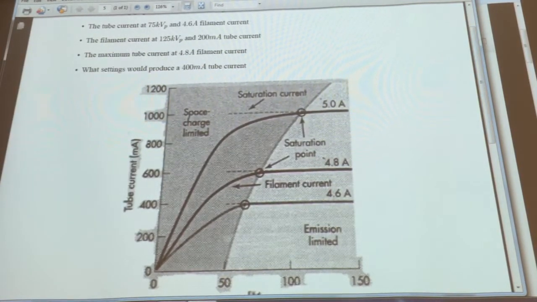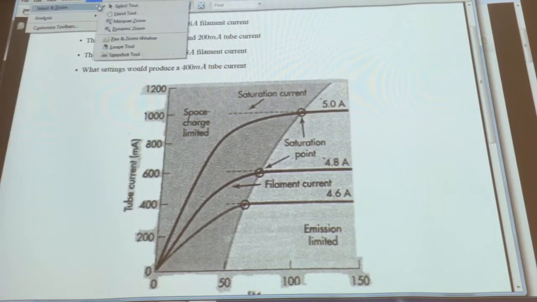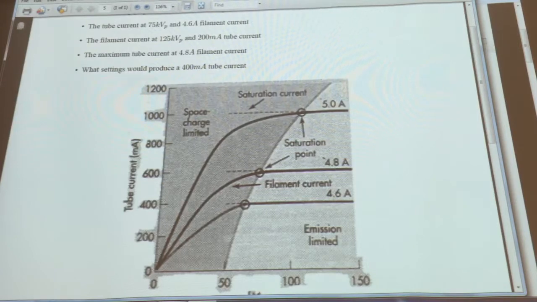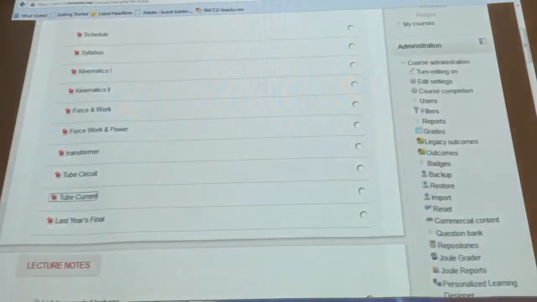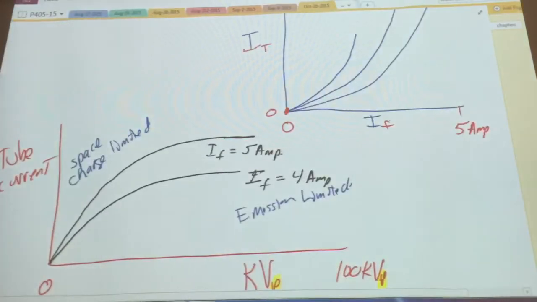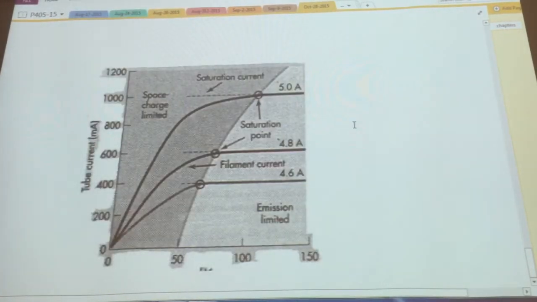Professor, can you repeat that once more? I'll give it a shot. If electrons have not been discharged, they become negative, so it creates this huge electron cloud.